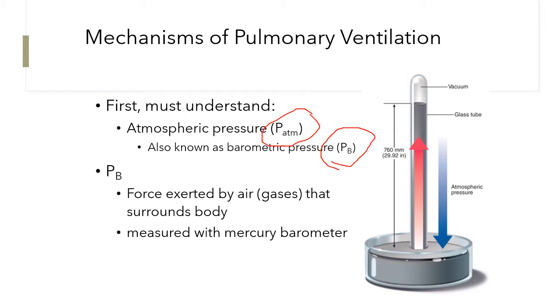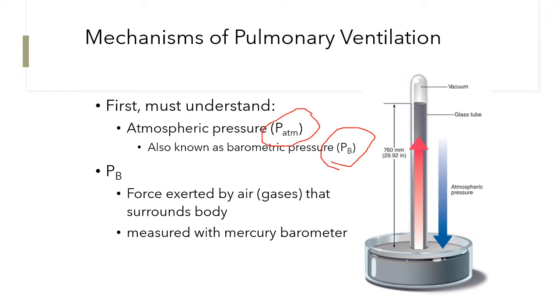Those are interchangeable. So what is barometric pressure? It is the force exerted by air or gases that surrounds the body. All that weight of the atmosphere pressing down on our body at sea level. It's measured with a mercury barometer, pictured here.